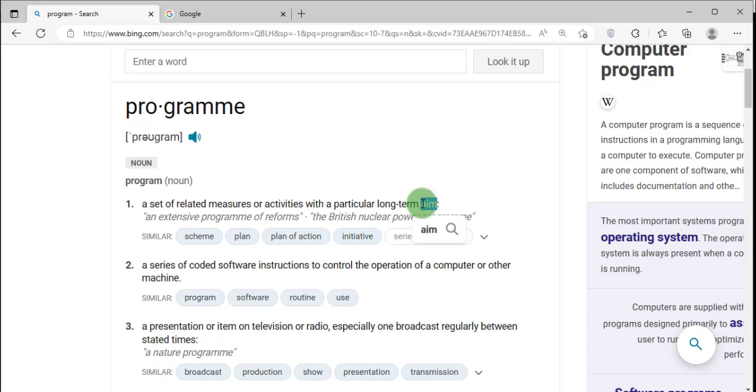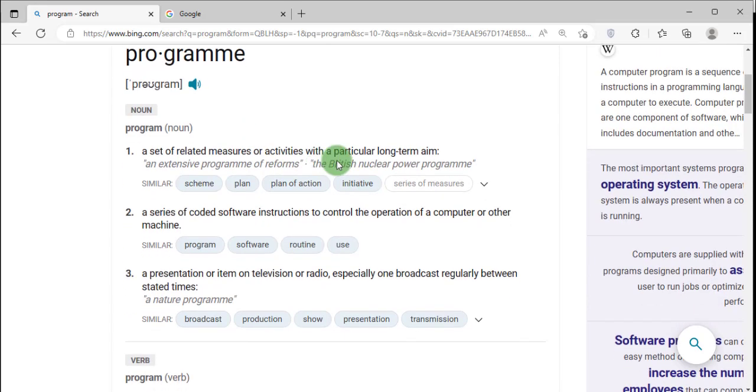We want to know what aim or goal we want to achieve. This definition has bounded us to go with a particular long-term aim. While we study this definition more in our own slides, we will see what this whole definition actually means.